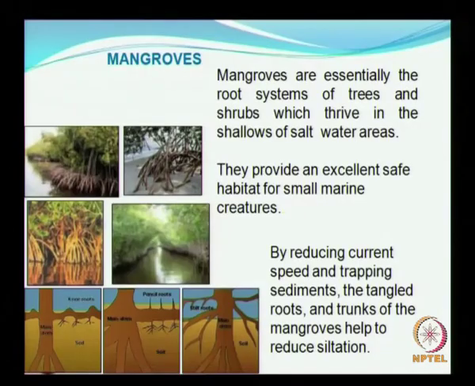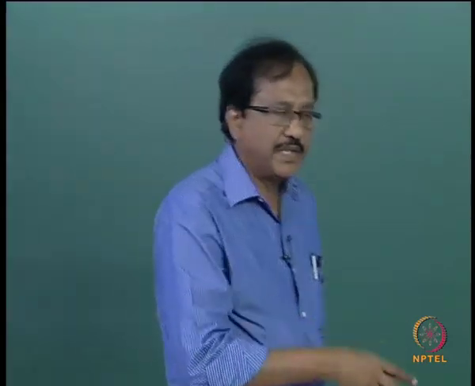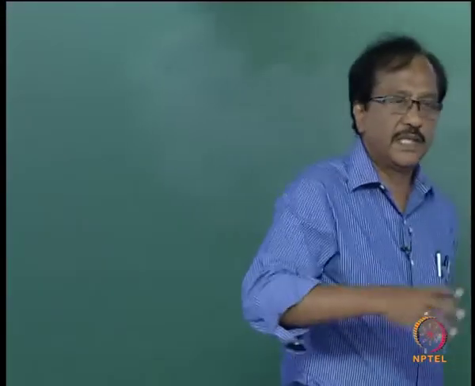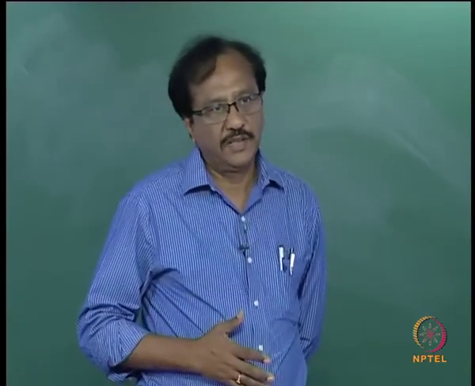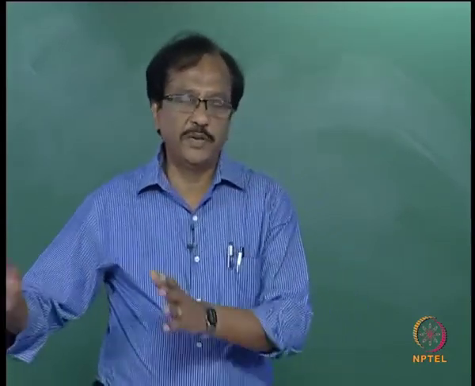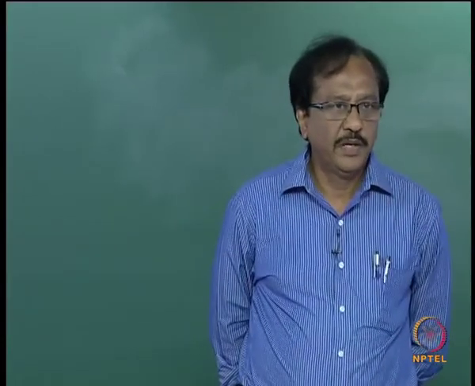See, mangroves, vegetation, the role of vegetation for coastal protection has gained enormous attention, particularly after the 2004 tsunami, because there are a number of evidences where they have seen that wherever you had plantation in front of structures, these structures survived, or at least the damage was quite less compared to locations where it was directly exposed to the tsunami.